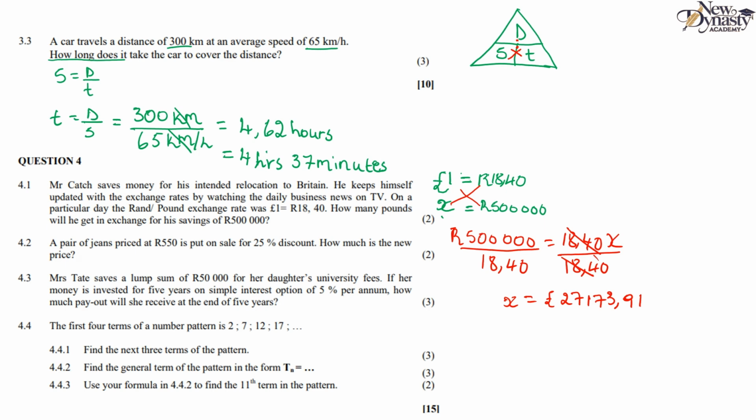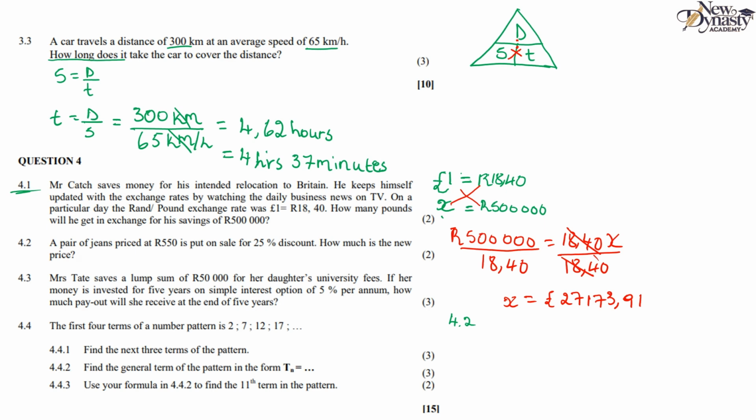So question 4.2 says a pair of jeans priced at 550 rands is put on sale for 25% discount. How much is the new price? So in question 4.2, I see that it's a norm for me not to write the numbers, but when I'm following the question from what is given, I may not write the number, but here we're answering question 4.2.